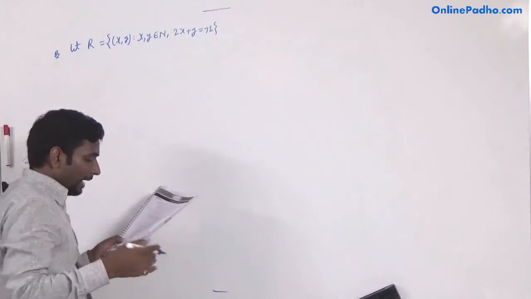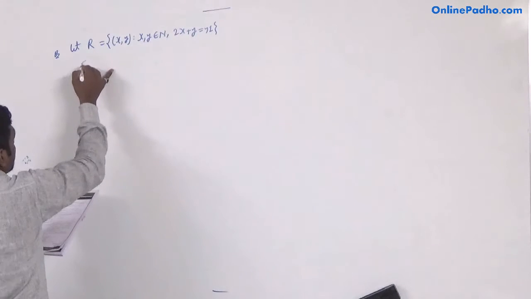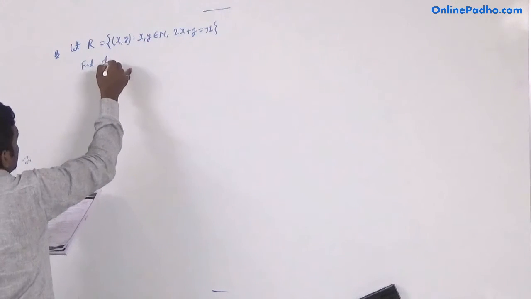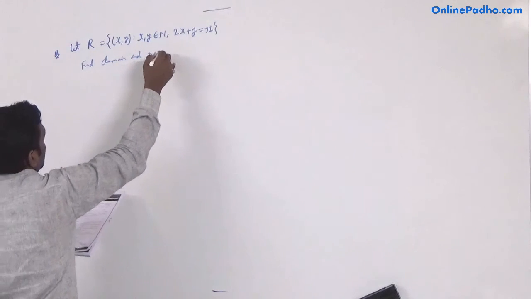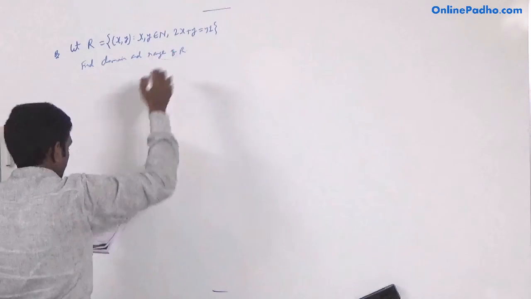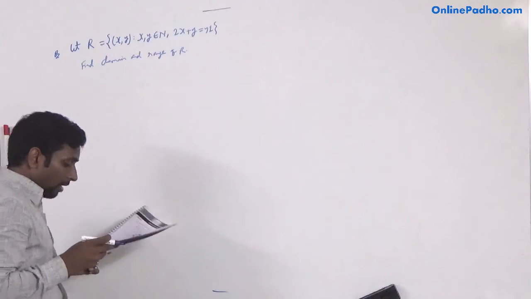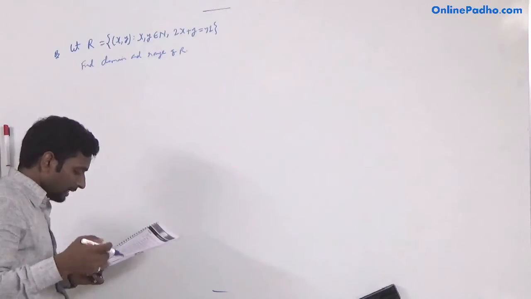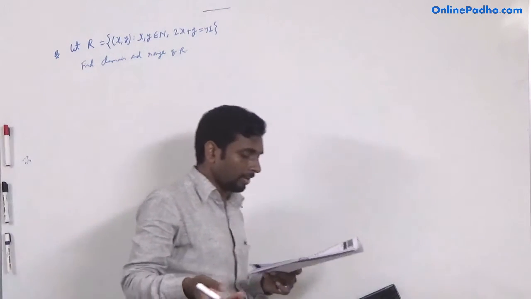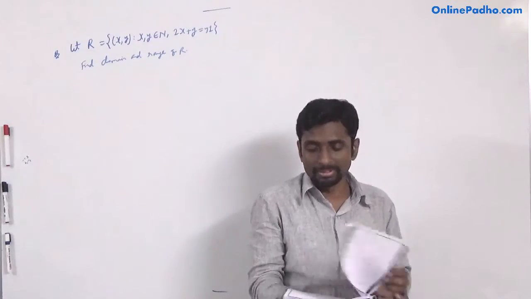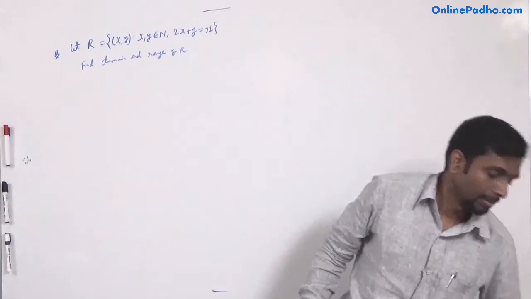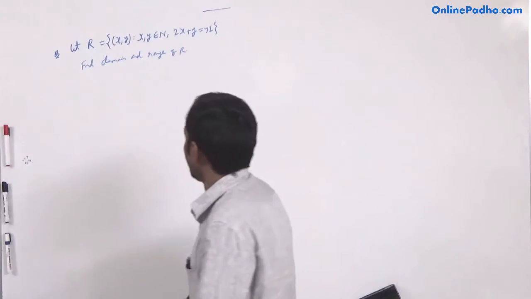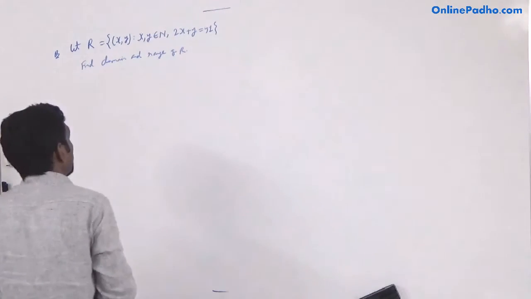Find the domain and range of R, and also verify whether R is reflexive, symmetric or transitive or not. First we have to find domain and range.